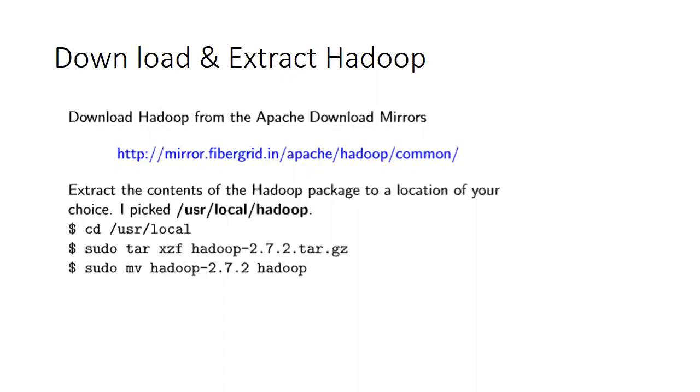Once it is downloaded, you have to move it into the directory /usr/local. Once the Hadoop file is downloaded, it is moved to the /usr/local directory. After that, you can extract it by using the command tar xzf and the name of the file.